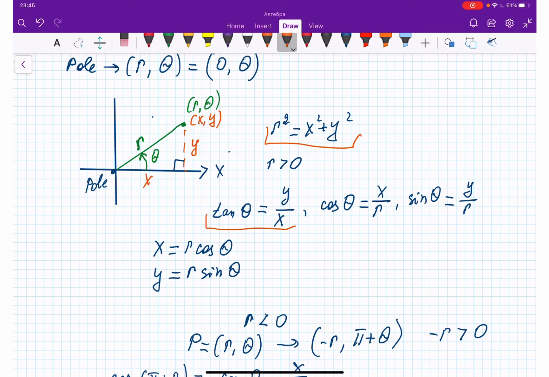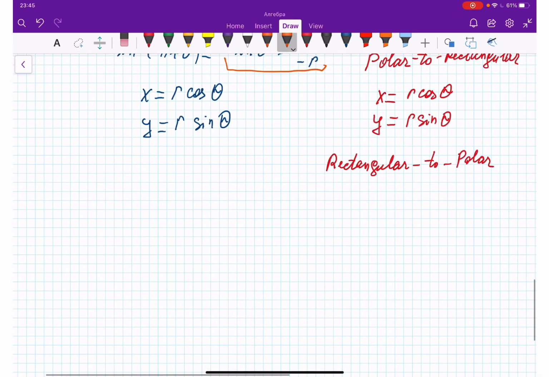So we have here the directed distance and the angle theta. Tangent theta is equal to y over x, and r squared is equal to x squared plus y squared.